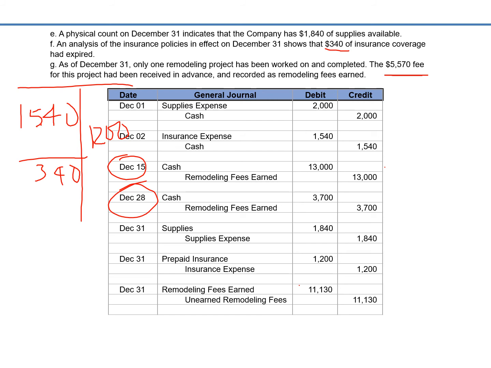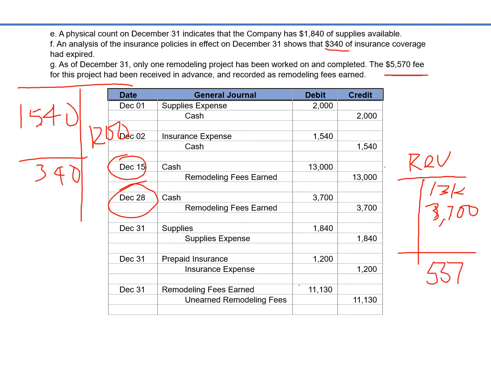And so here's what they're saying. So try to write this small enough. If this is our revenue for remodeling fees, we recorded $13,000 and then we recorded $3,700. And what they're saying is that we should have $5,570 in that account.